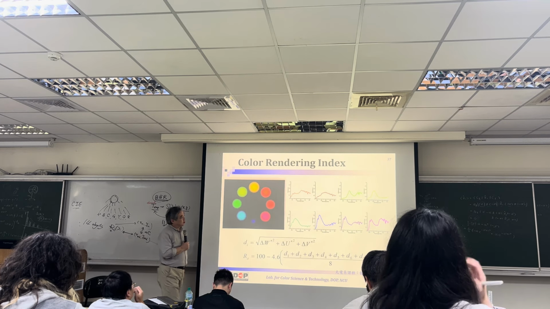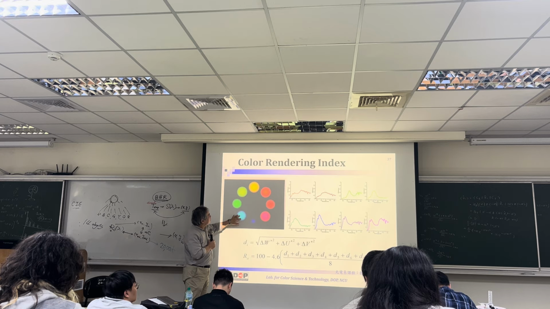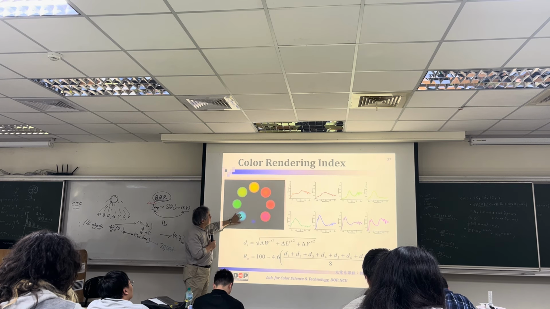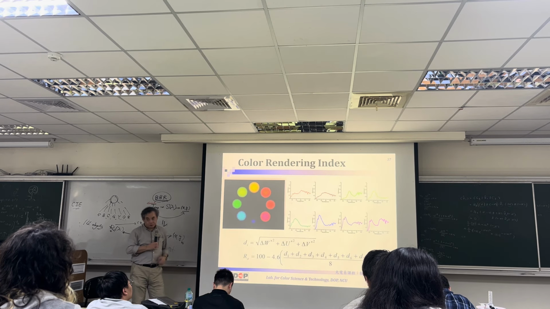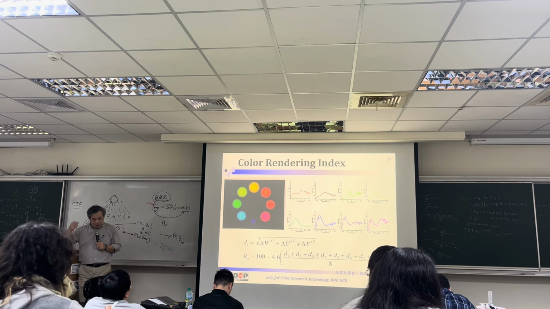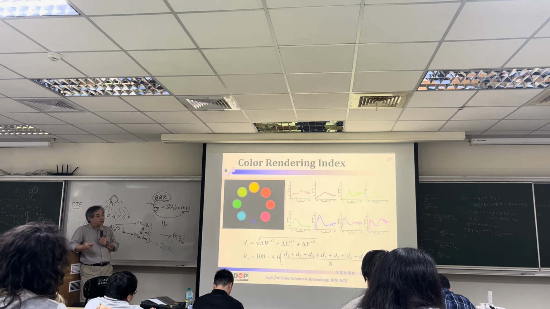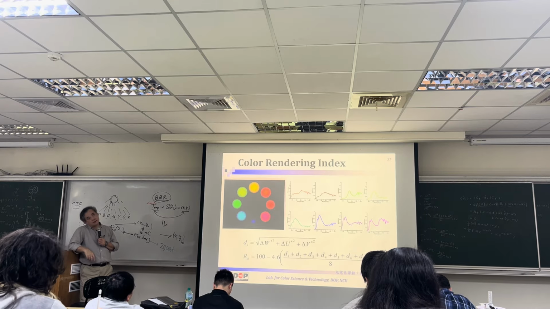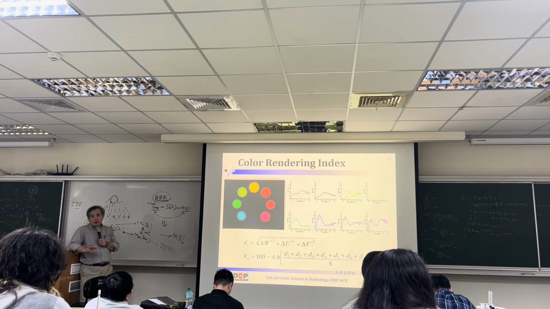So we calculate the color coordinates, and these 8 color testing samples can be tested under the standard light source. For example, A source or D65. Some standard light source.